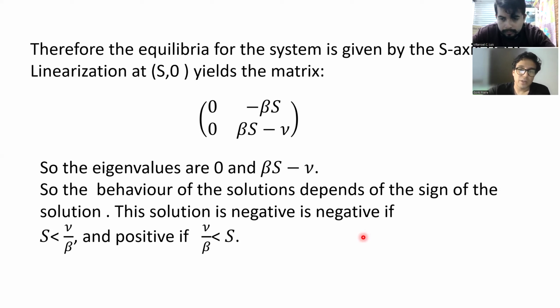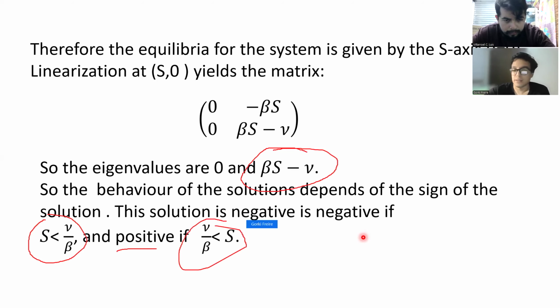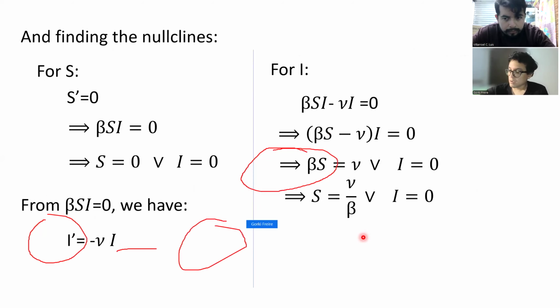So the behavior of the solution depends on the sign of this eigenvalue. We have that it is negative if S is less than v over beta, where beta is positive, and positive if v over beta is less than S.